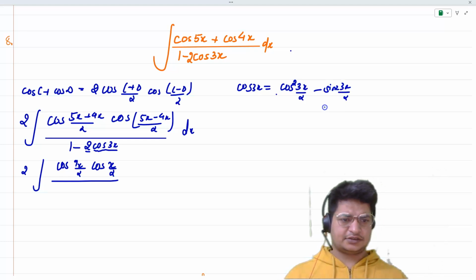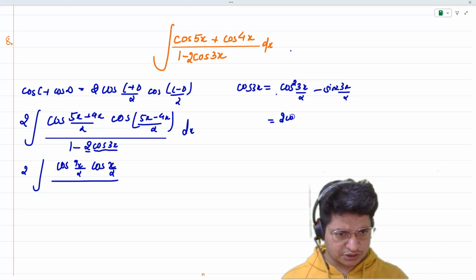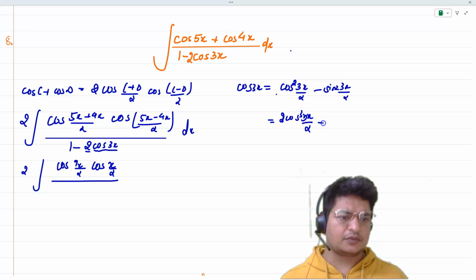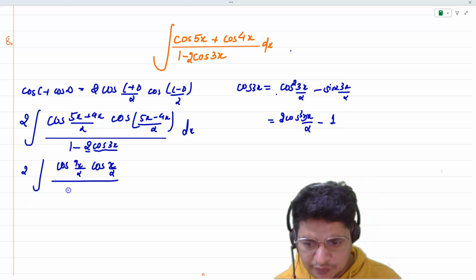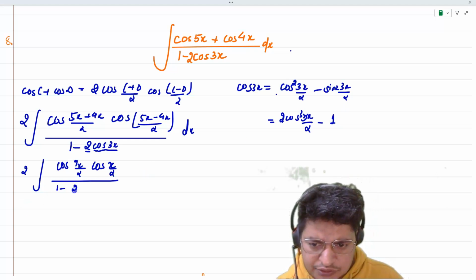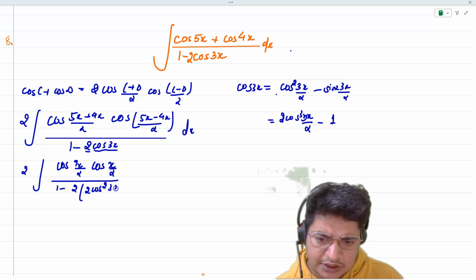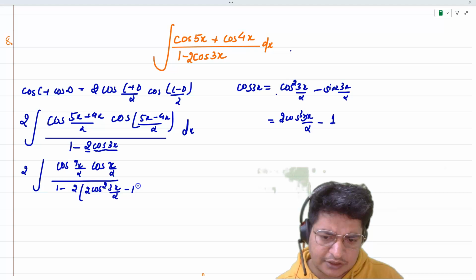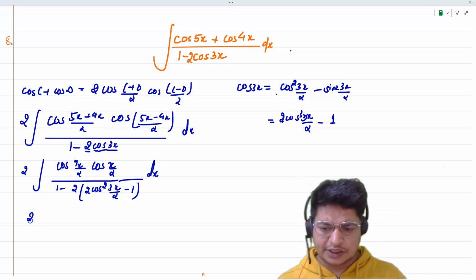I can write it like this. We can also change this into 2 cos square 3x by 2 minus 1. Now we will put it here. We will write 1 minus 2 times (2 cos square 3x by 2 minus 1), and here you will write dx. Now we will expand everything.